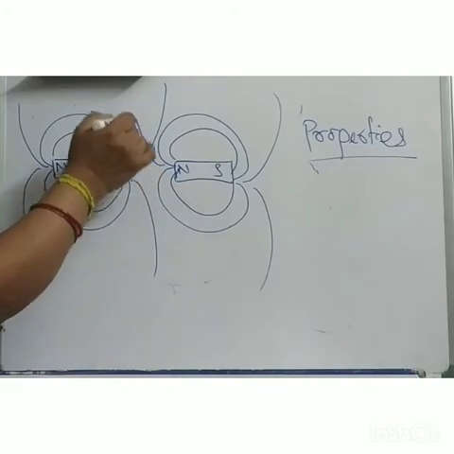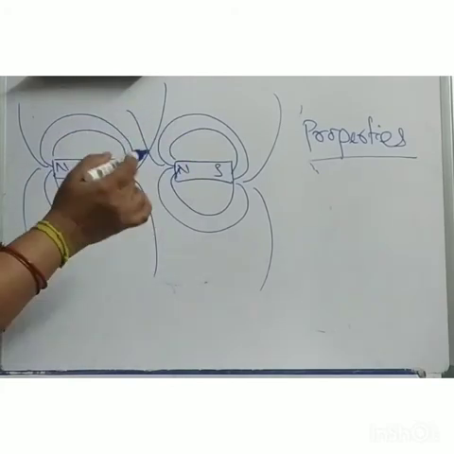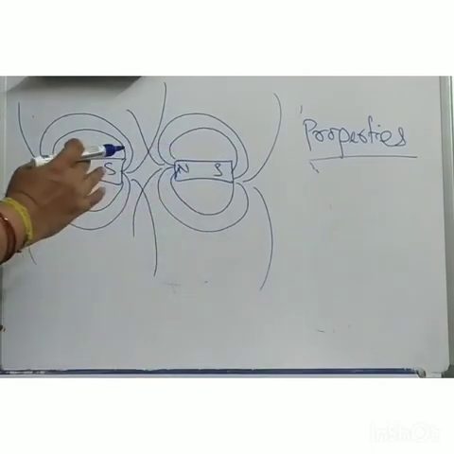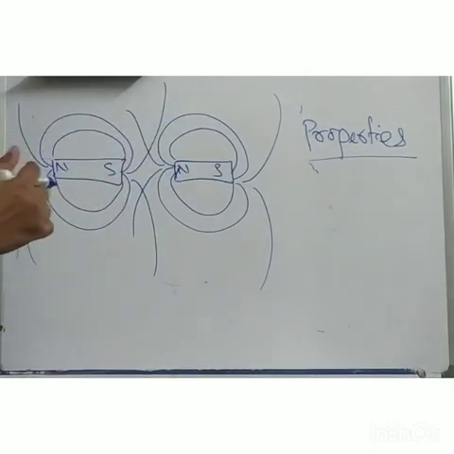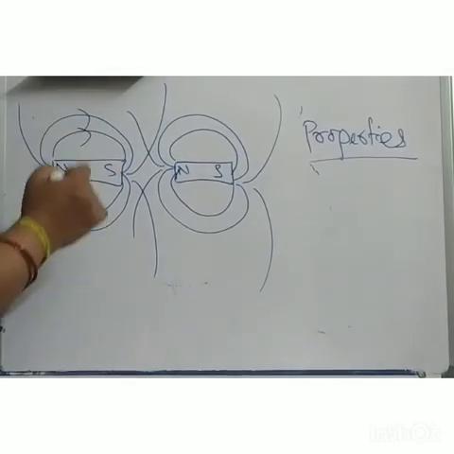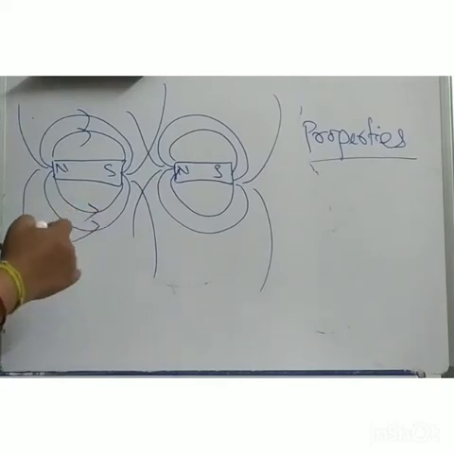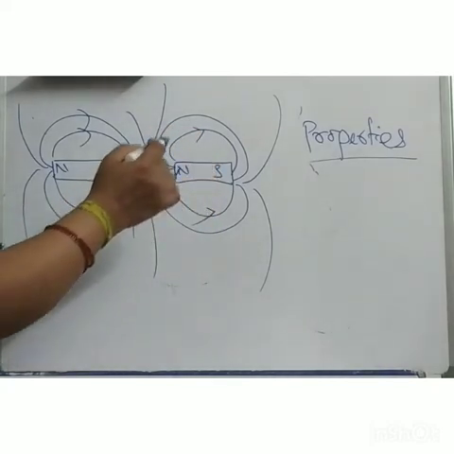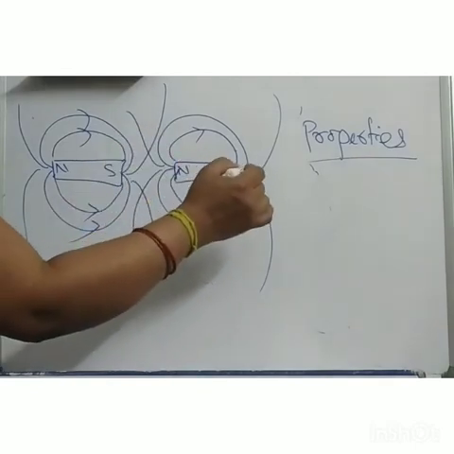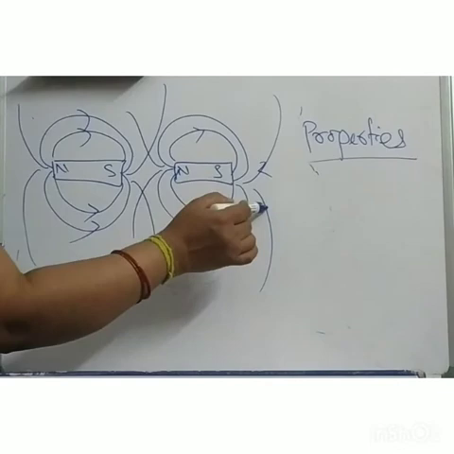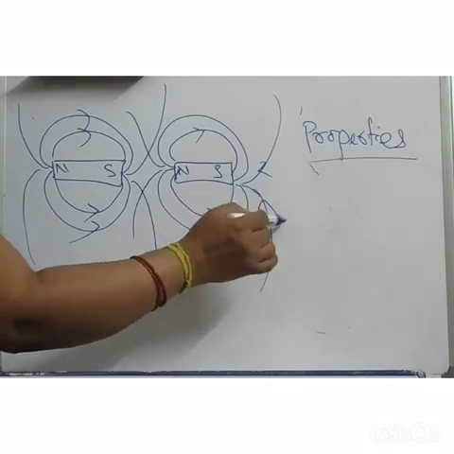Now this is our assumption: when these two magnets get close, the magnetic field lines will intersect. This is from north to south, north to south. It will leave like this and enter into the south like this.